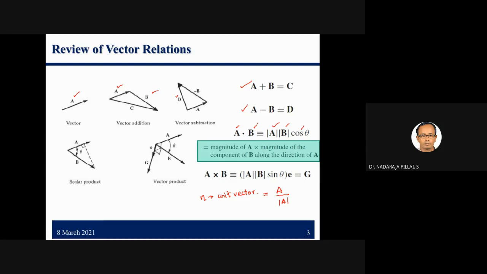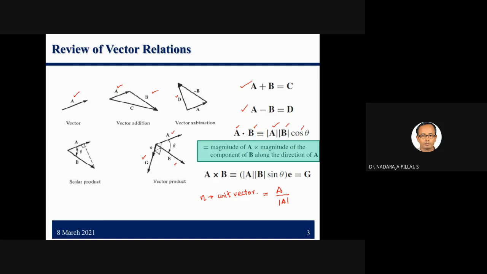Then let us consider the cross product. We have vector A, vector B, and vector G, following the right hand rule, where G is perpendicular to both, like the thumb is perpendicular to the fingers in the right hand rule.